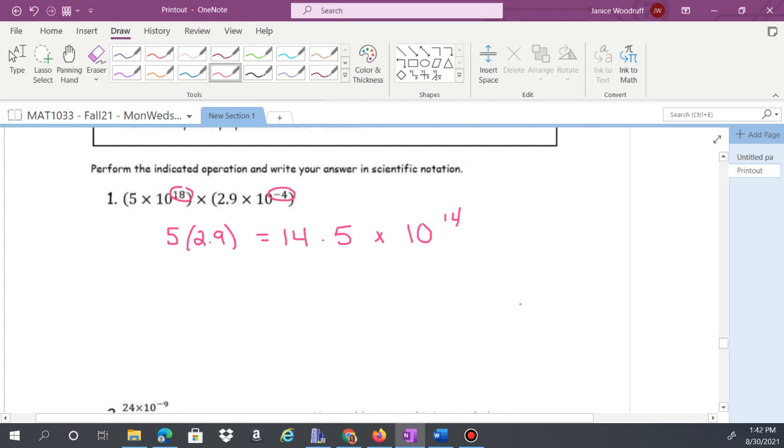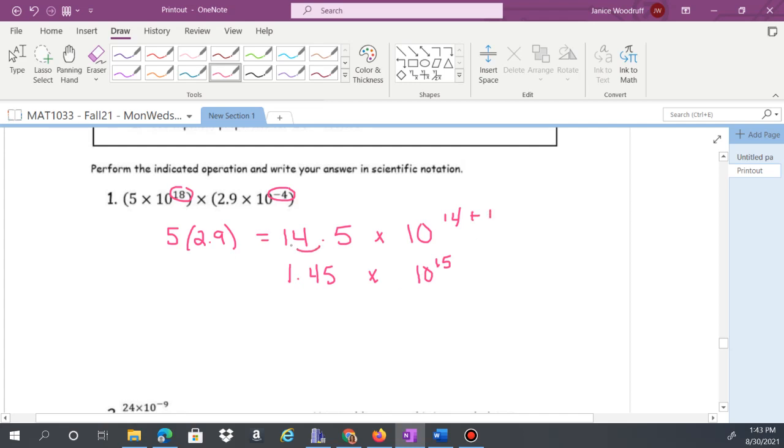Then you have to put this in scientific notation. It's not in scientific notation. Why not? Yeah, there's two numbers here. So you've got to make this 1.45, which means that I have another decimal I've got to go. So here I only had to go 14 to the right. I had to go one more. So I've got to go 15 to the right. So you've got to add one here.